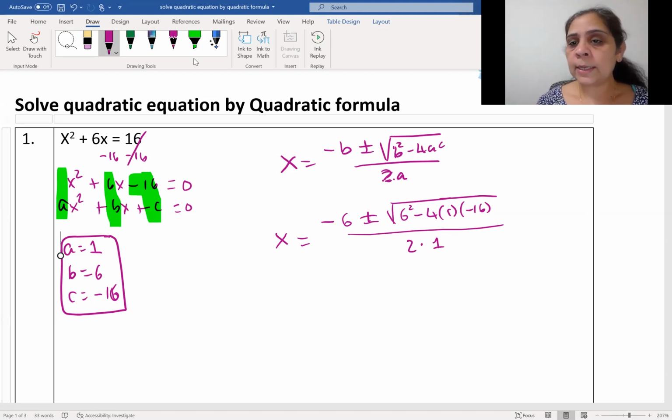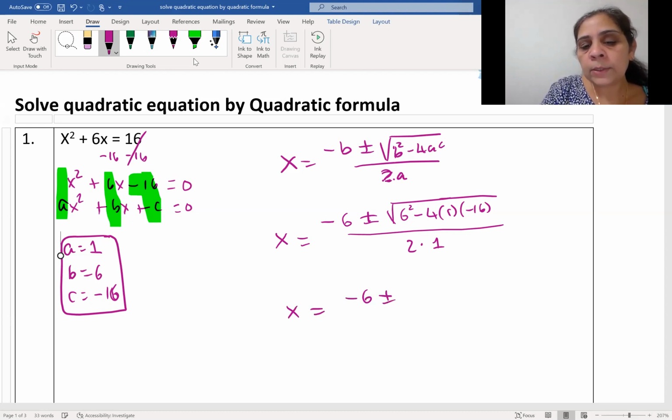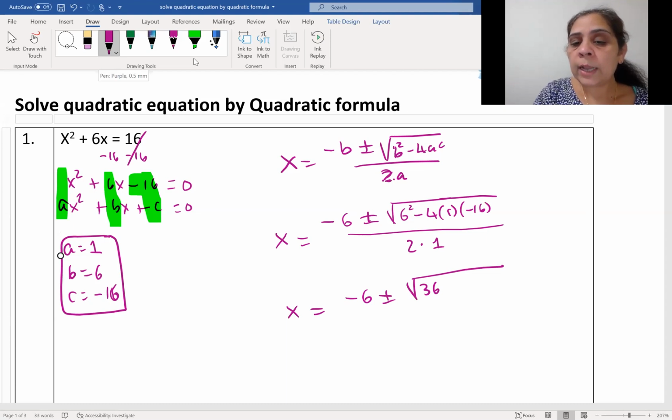There is very little chance to get an error, okay? So let's see here, we have x equals negative 6 plus or minus the square root of 6 squared is 36, minus 4 times 1 times negative 16, negative 4 times negative 16 is plus 64, over 2 times 1 is 2.